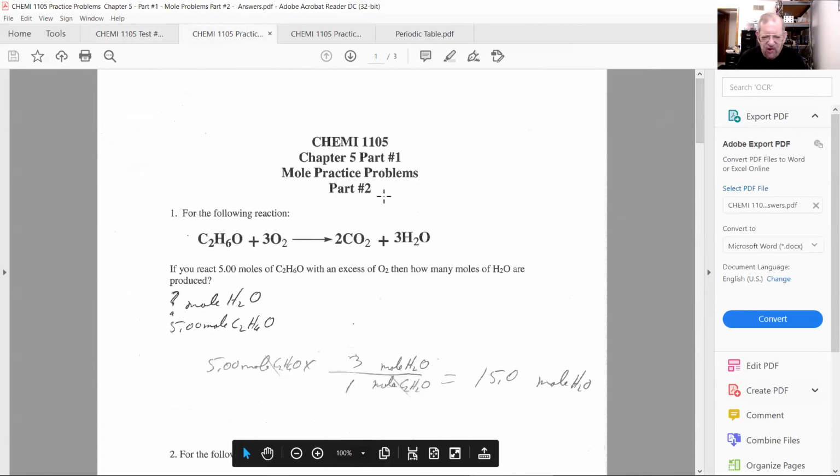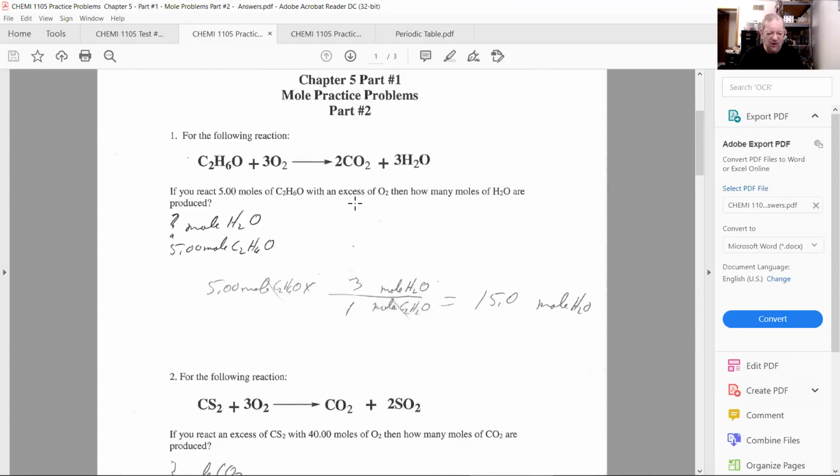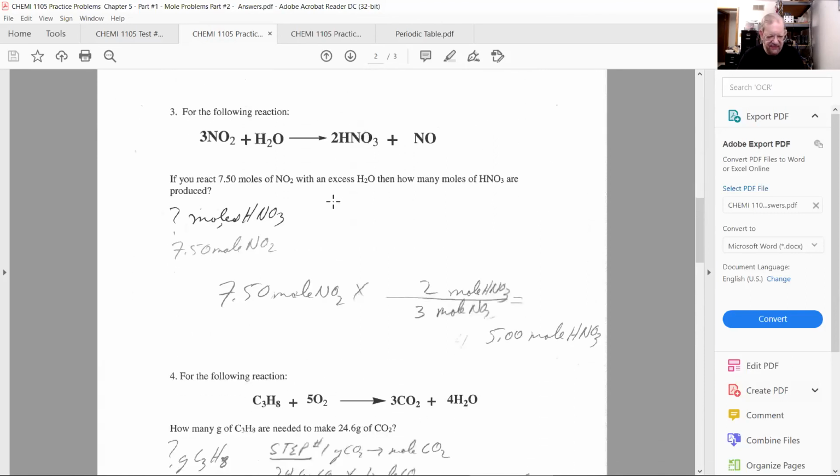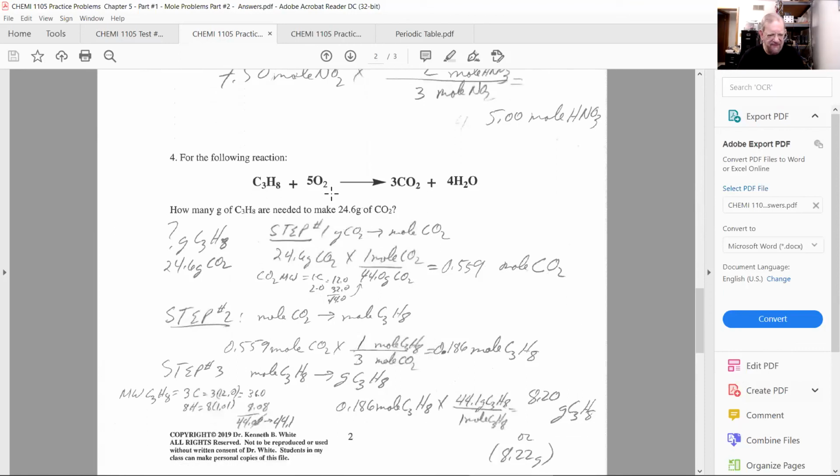Make sure you look at Chapter 5, Part 1, Mole Practice Problems, Part 2. Chapter 5, Practice Problems, Mole Practice Part 2. Now, the first couple of problems, like number 1, we've already done. How do you put this all together? You look at number 4.